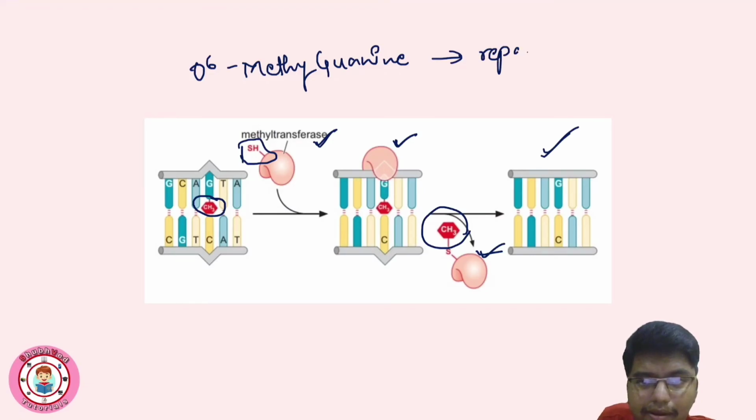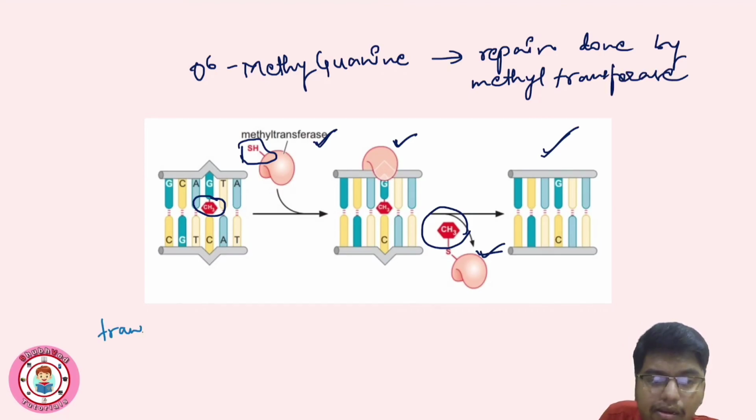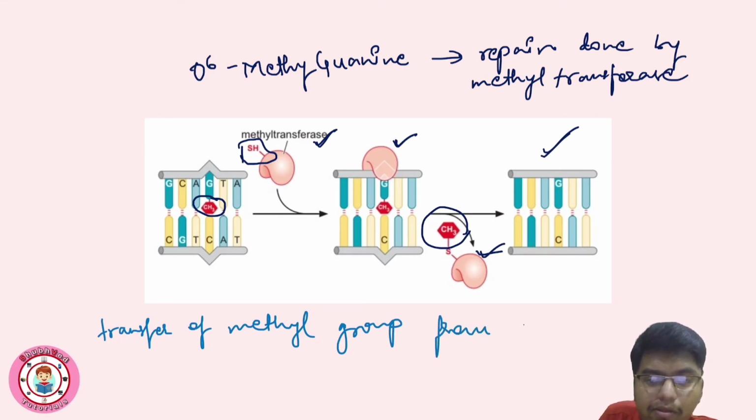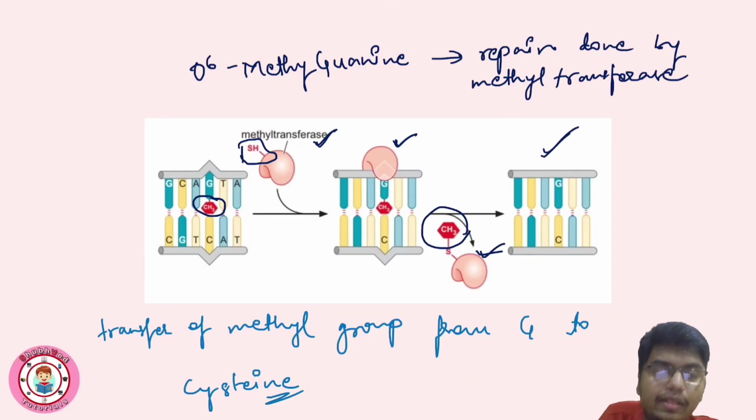A repair done by methyltransferase: transfer of methyl group from guanine to cysteine. That's it. Thus the methyl is removed and guanine is normal now.